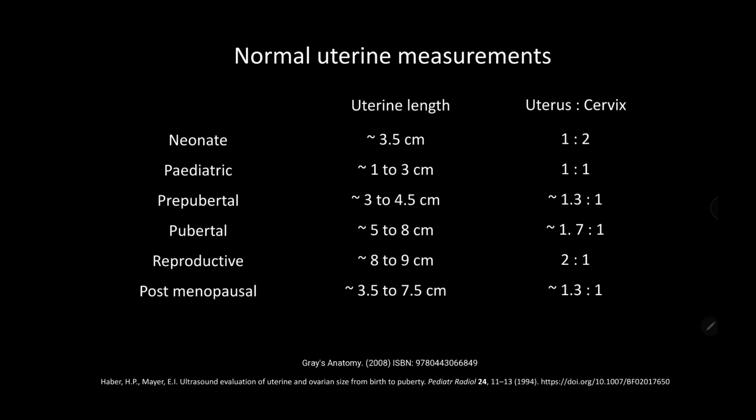So does the uterus to cervix ratio, which is 1:1 in the pediatric population, but gradually, as the age increases till the reproductive age group, the uterus to cervix ratio gradually increases. In the postmenopausal group, as we all know, there is a dip in the uterine length as well as the uterus to cervix ratio.